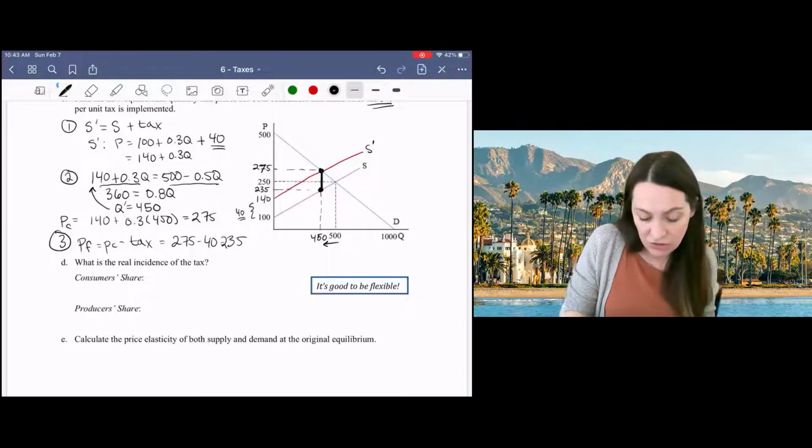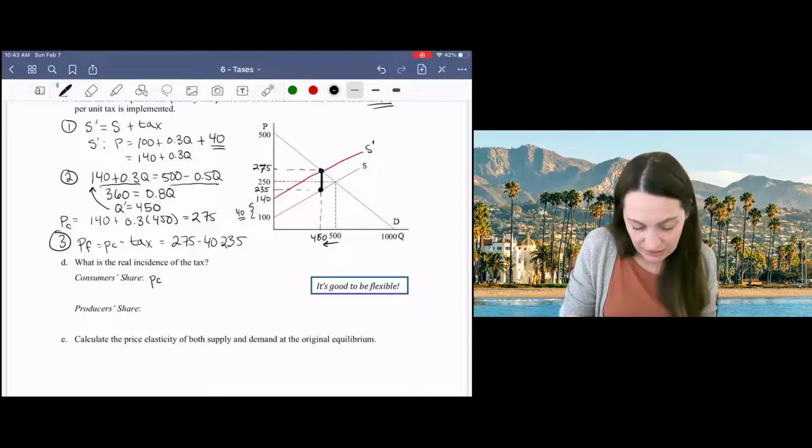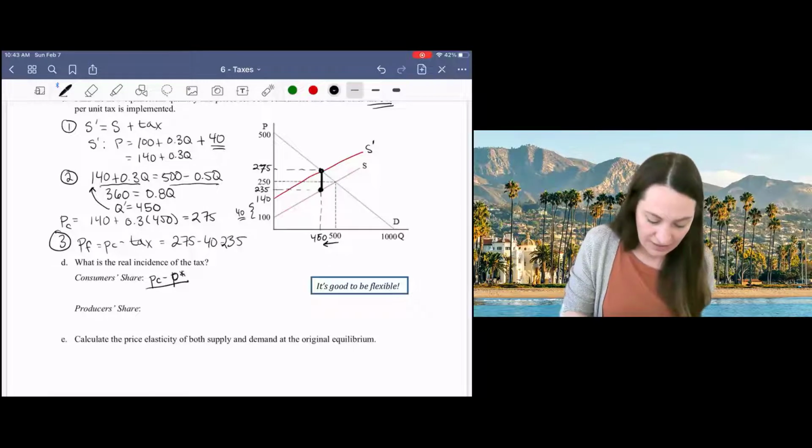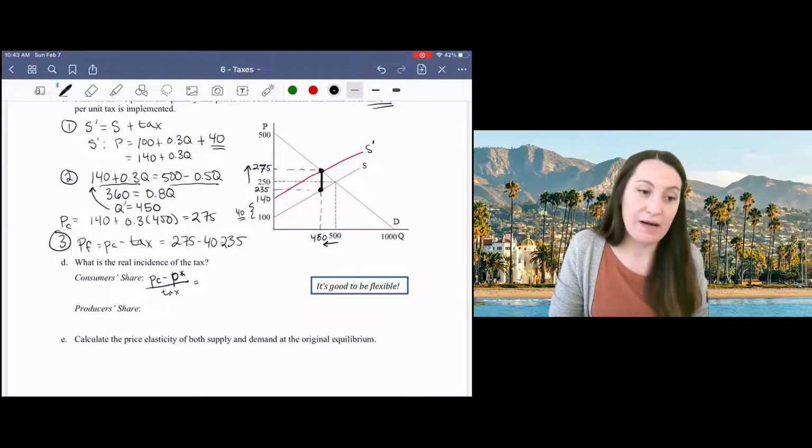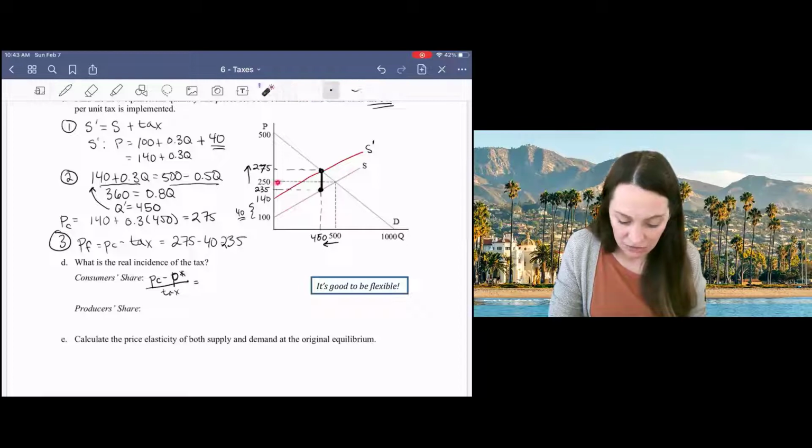So the consumer's share of the tax is equal to how much more they pay now than they used to pay, right? They used to be able to go to the store and buy this product for $250. That was the original equilibrium price. But now, in order to buy this product, the consumer has to pay $275.